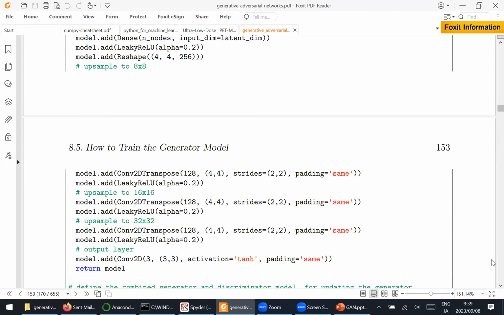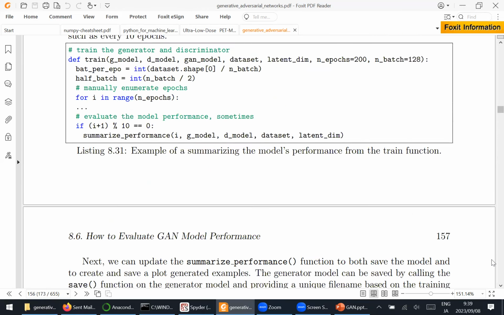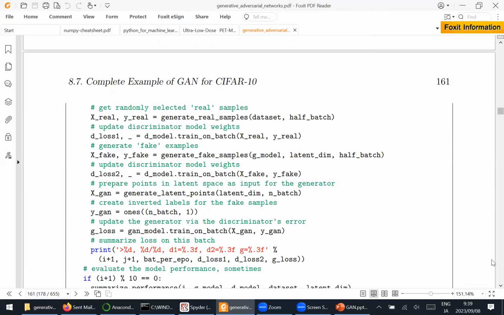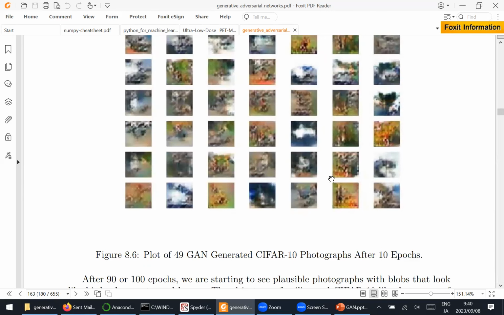So we have to retrain the generator. After just 10 epochs, you get things that sort of look like images.